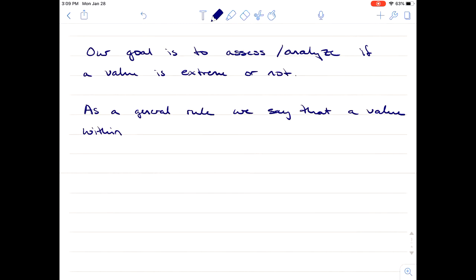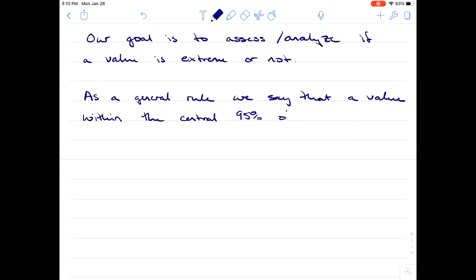So that would be not extreme. Anything beyond that, though, would be considered extreme. So anything within the central 95% of the distribution will not be considered extreme.